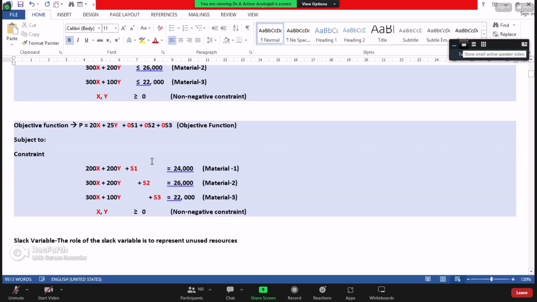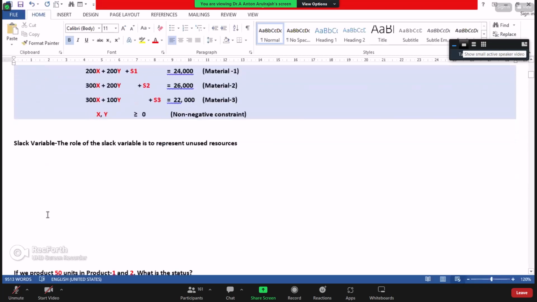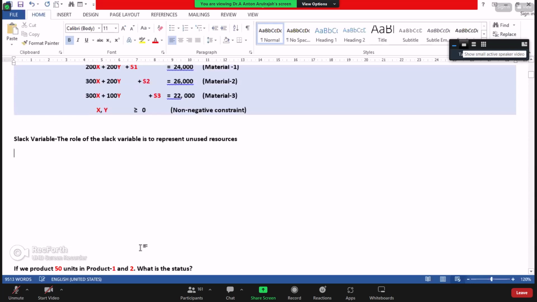Now we have to put these things into a table. Now we can develop a table.